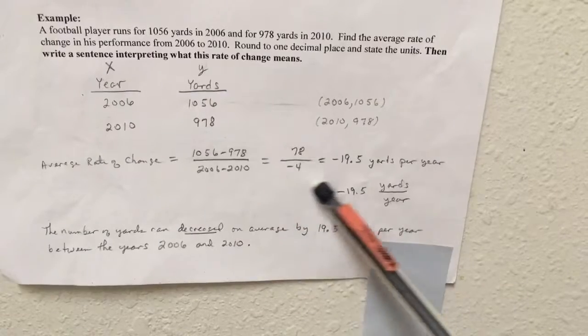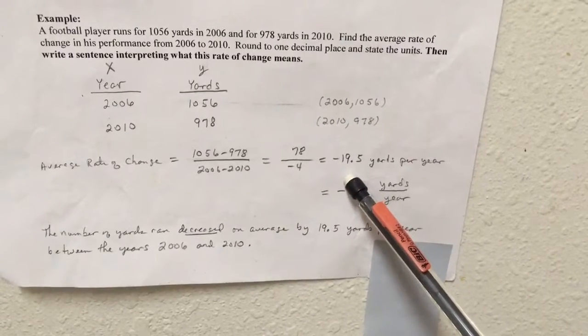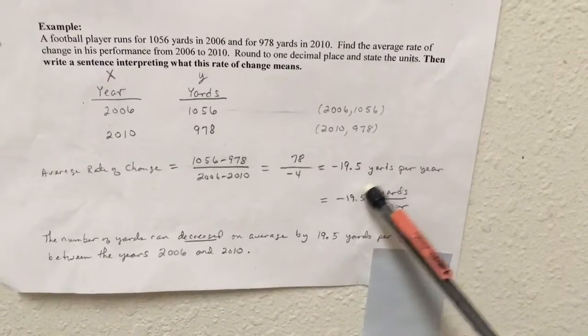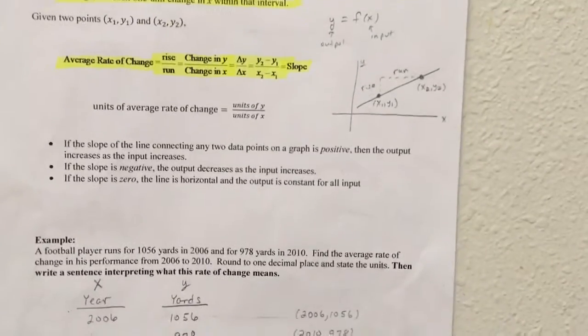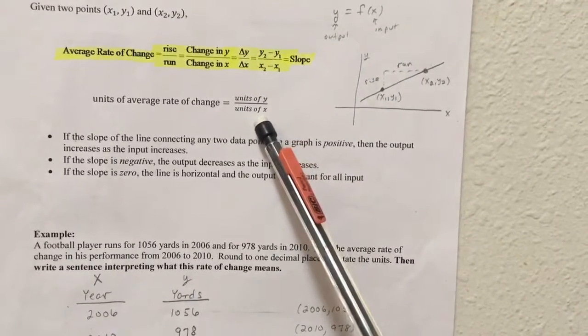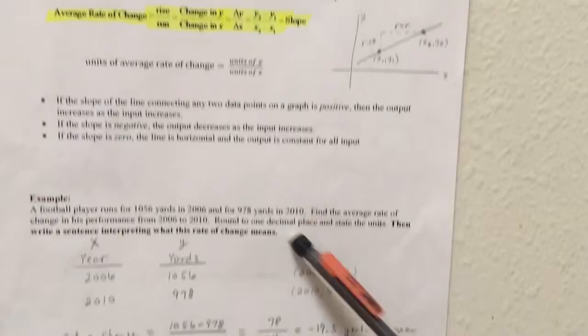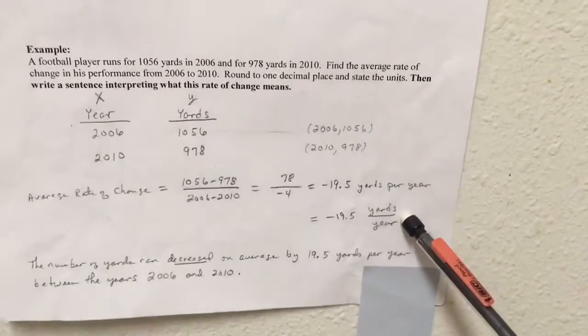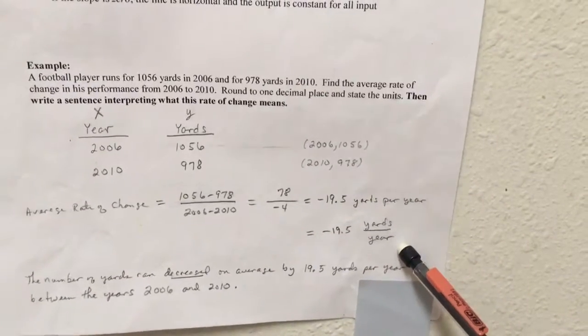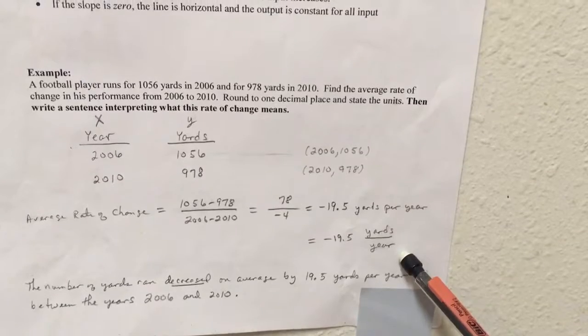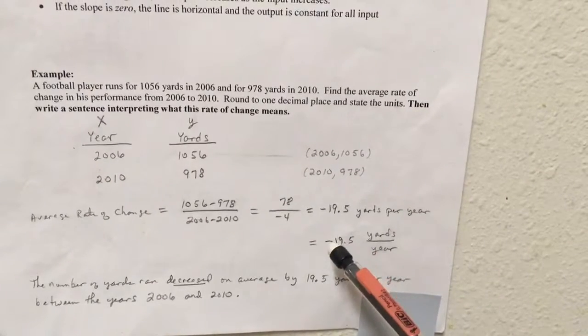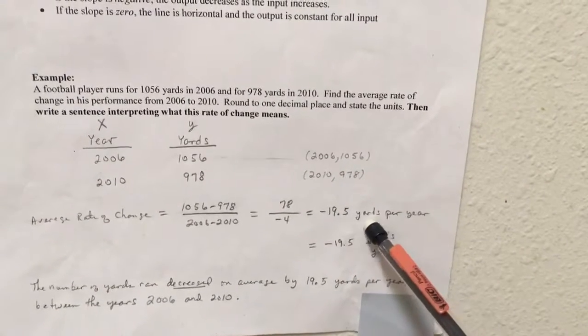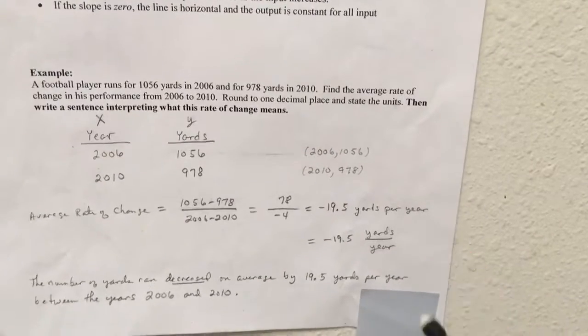So the average rate of change is equal to minus 19.5, and the units, from up above, are units of y divided by units of x. Well, the units of y are yards, the units of x are years, and so his average rate of change was minus 19.5 yards per year.